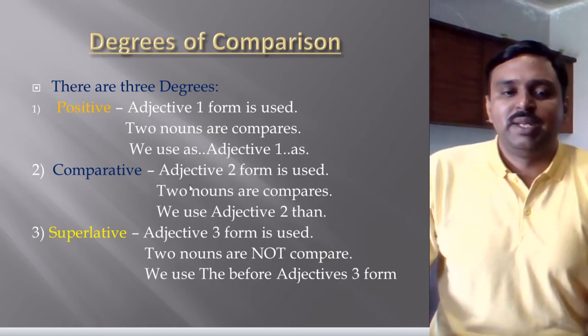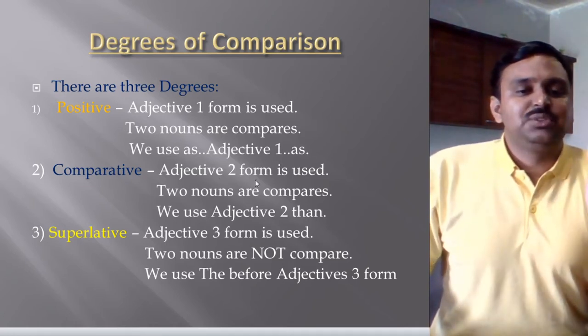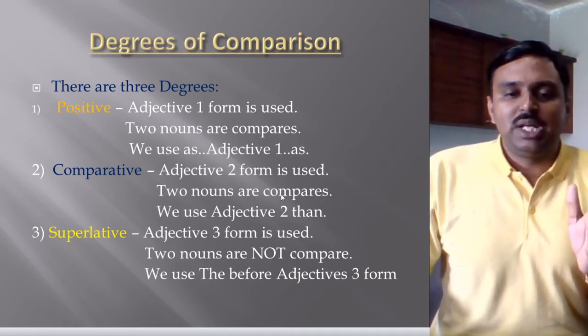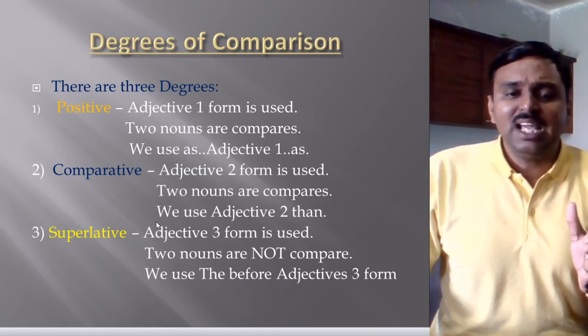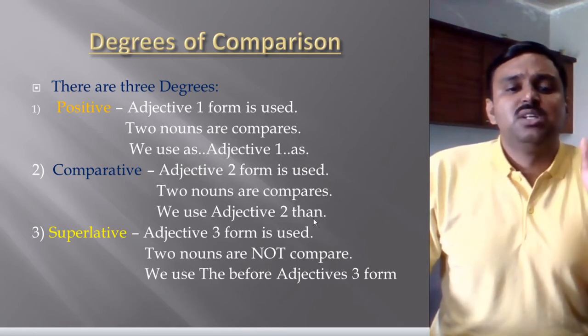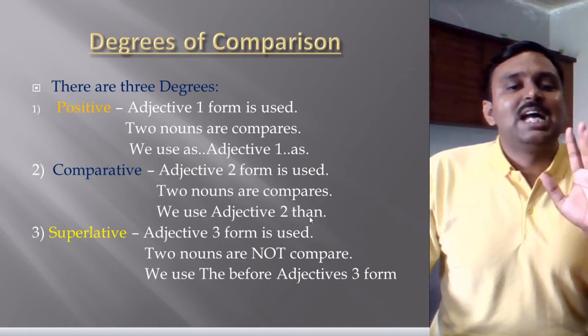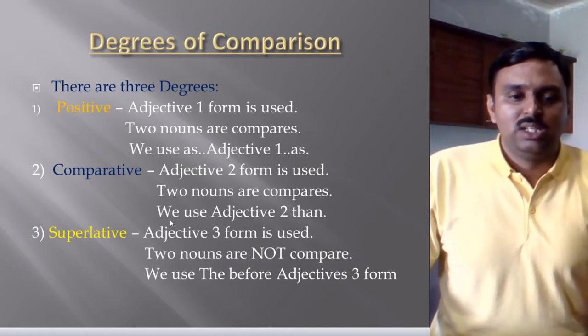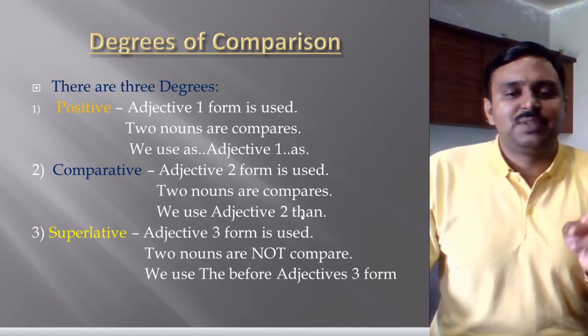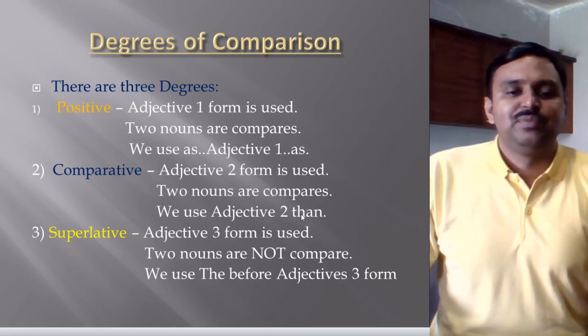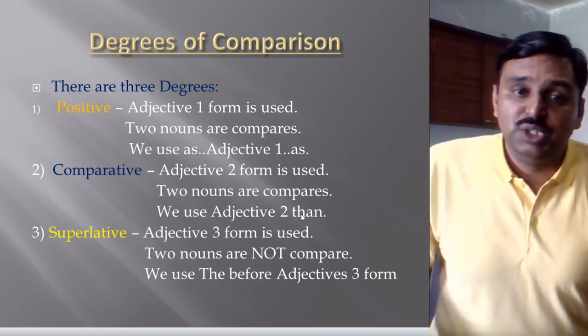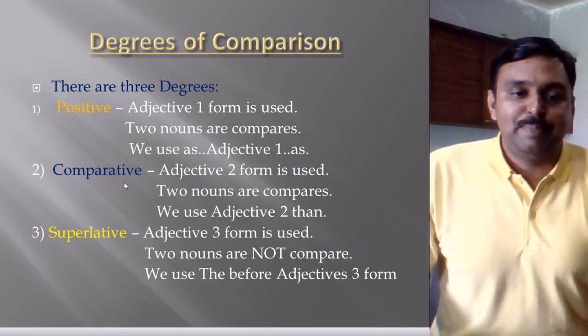Remember this, very important. So adjective second form is used, 2 nouns are compared, and after the adjective second form we have to use than. That's the form we use in the degree of comparison.